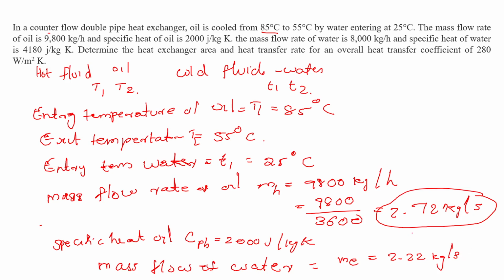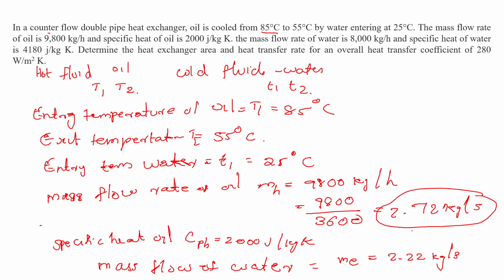Okay, so these are the parameters we should know first to solve this problem. One more parameter is also given, specific heat of water, that's CPC we can write. It is 4180 joule per kilogram Kelvin. Now the overall heat transfer coefficient U is also given, that is 280 watt per meter square Kelvin.